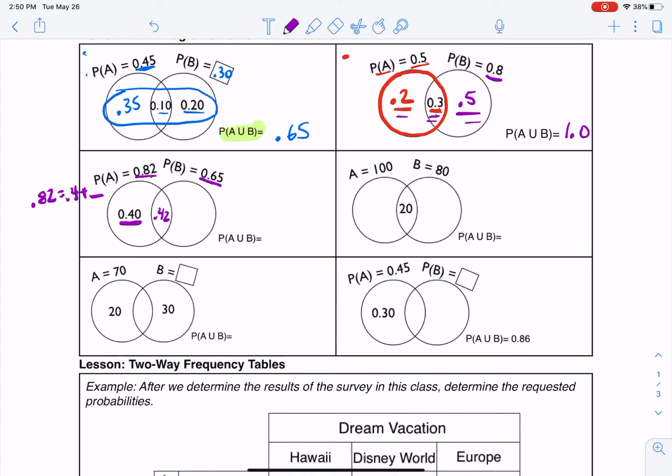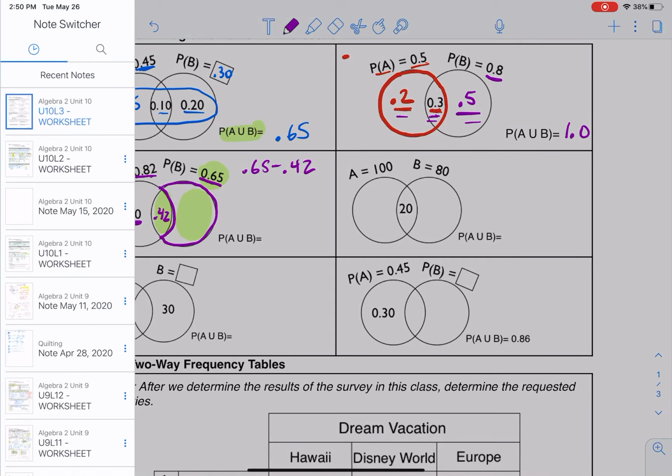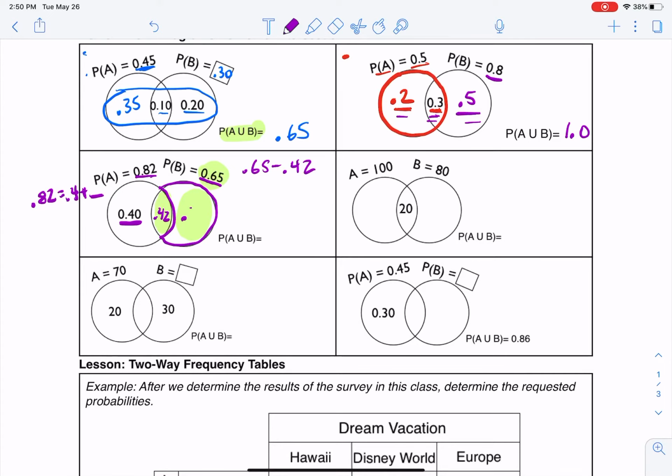Now, for this portion of the circle, I know that 0.42 plus this portion has to equal 0.65. So to find it, I would just do 0.65 minus 0.42, and that's going to be 0.23. Now, the probability of the union is what's going to happen if we add those three pieces together.